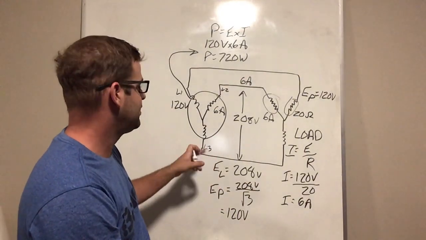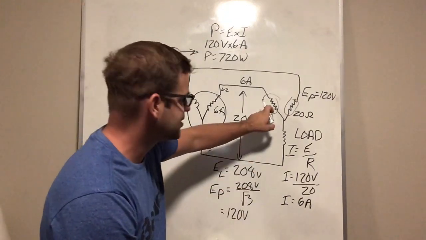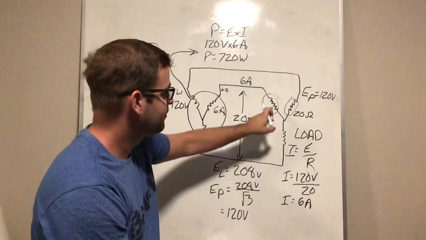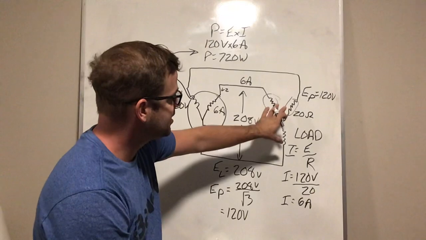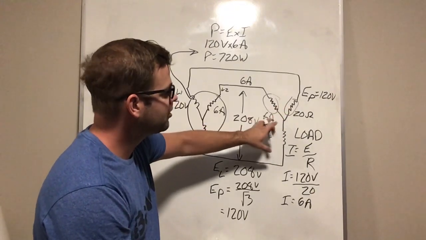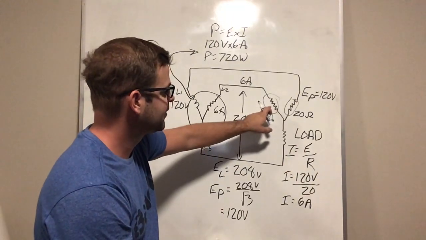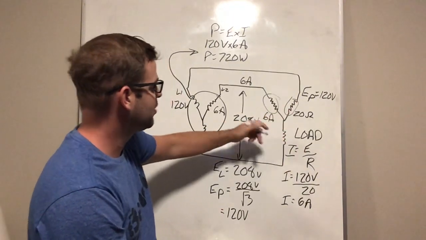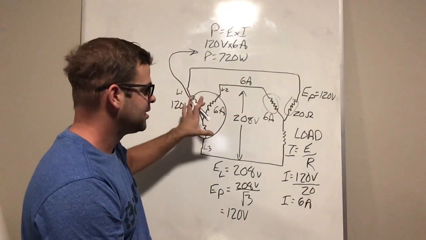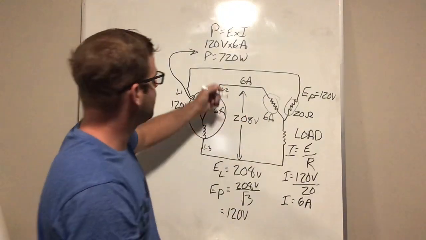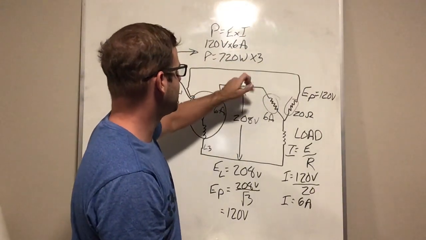So if I had three separate plugs, one on phase 1, one on phase 2 and one on phase 3, I would see the cumulative amount, or the culmination of all three of these, of 720 plus 720 plus 720. So I would see a total power at my supply and at my load of 720 watts times 3.